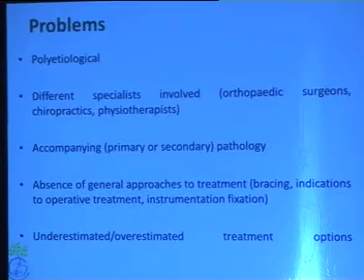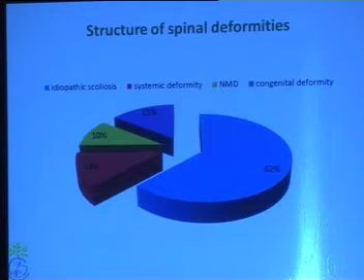It is polyetiological, with different specialists involved: orthopedic surgeon, chiropractor, physiotherapist, neurosurgeon, accompanying pathology, primary or secondary, absence of general approaches to treatment, using bracing, indication for operative treatment, questions of instrumentation and fixation, underestimated or overestimated treatment opinion.